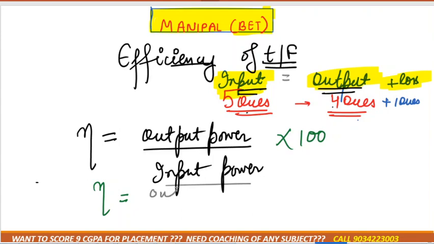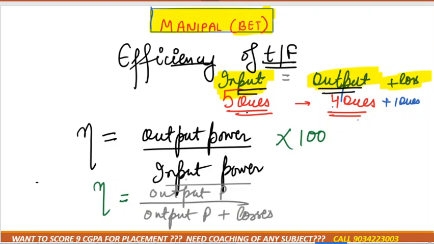So efficiency is output power divided by output power plus losses, multiplied by 100, right? What is the formula for the output power?